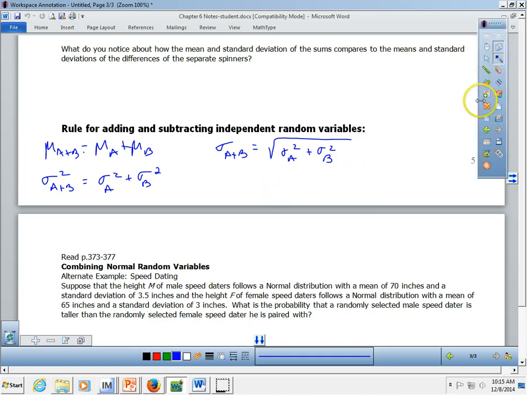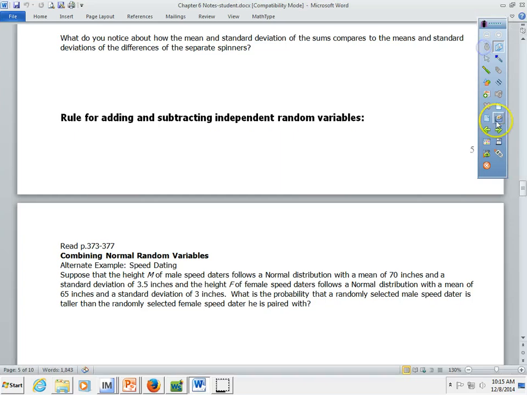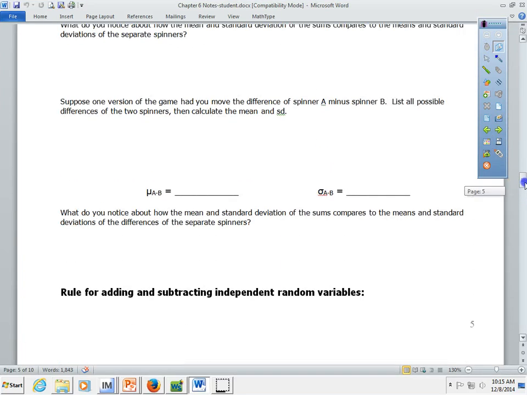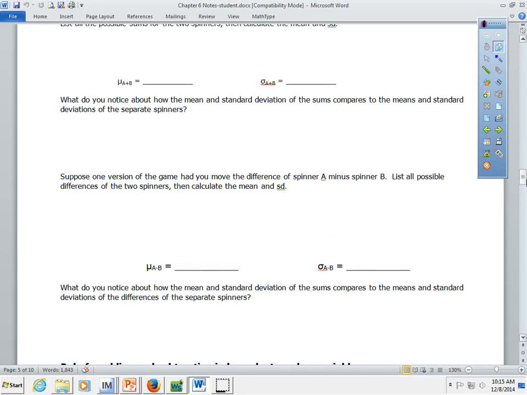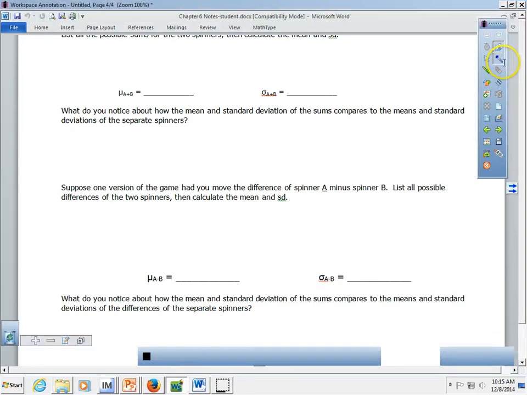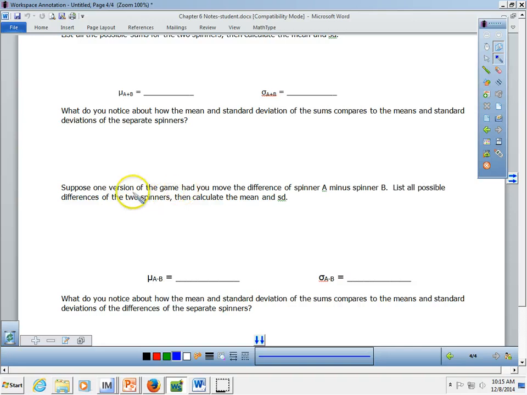Now, let's take a look at if we subtract. Okay? All right. So now there's a different version of the game where you spin, and we're going to take the difference of the two spinners, and that's how you're going to have to move. So if you look up at the top, what do we got?